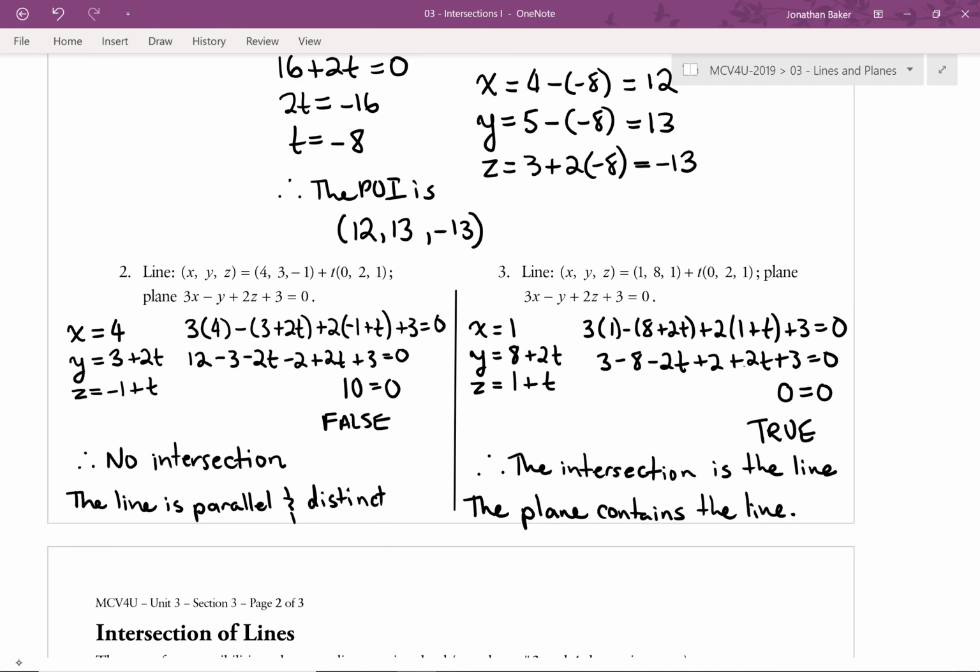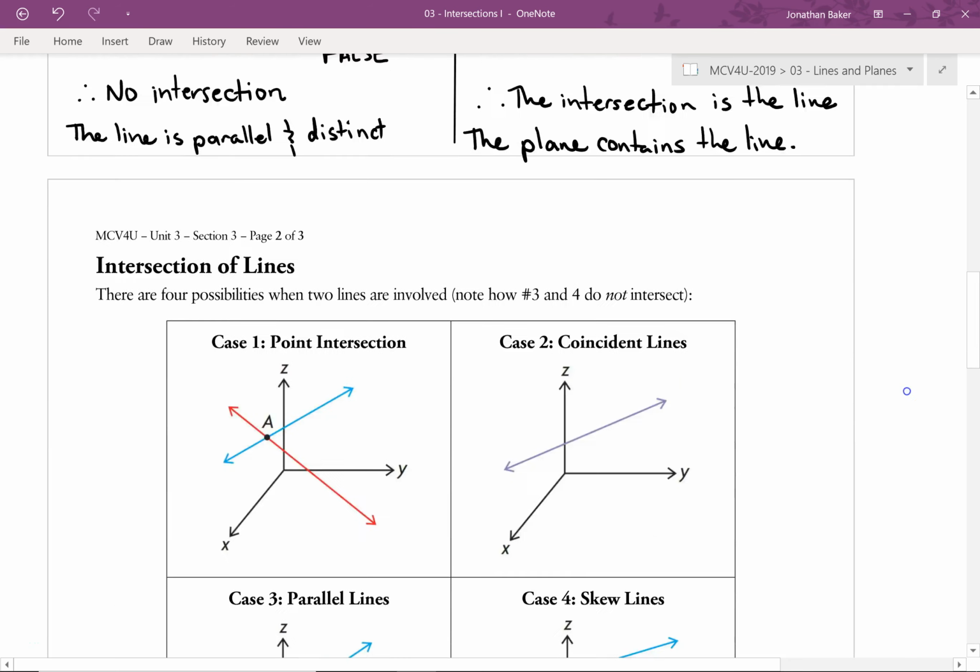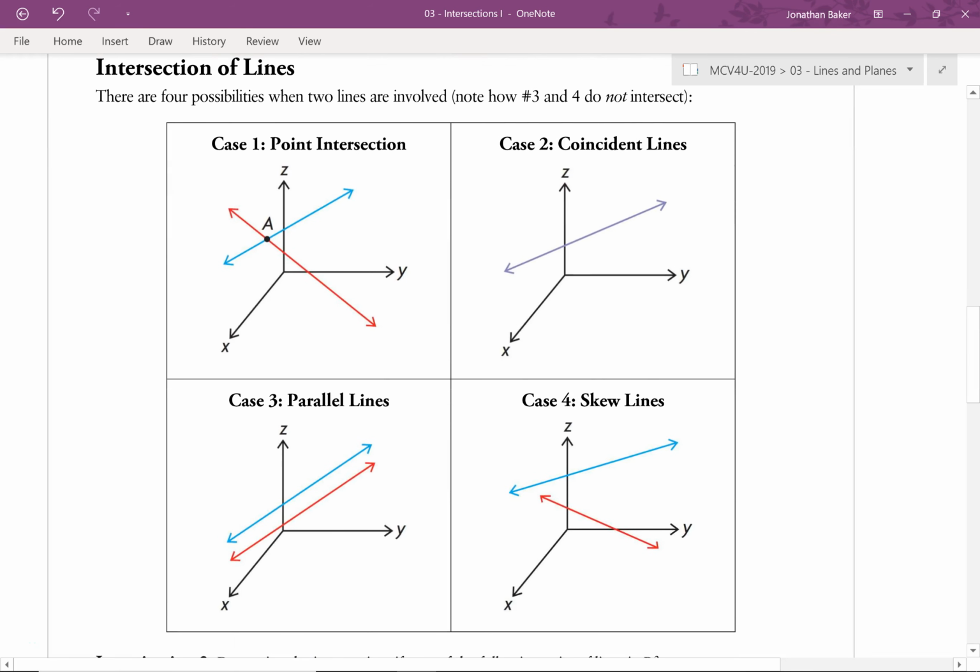Okay, so let's look at the intersection of lines now. When you have two lines in 3 space, there are 4 options. You can have a point intersection where they connect at some point A. You can have the case where they're both the same line, coincident lines. Remember, lines in 3 space can have different vector equations but refer to the same line.